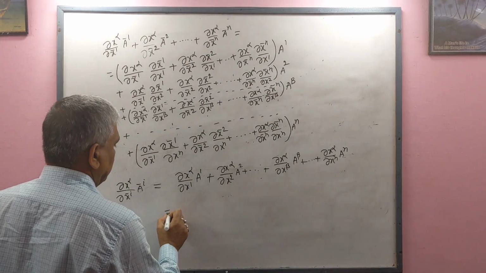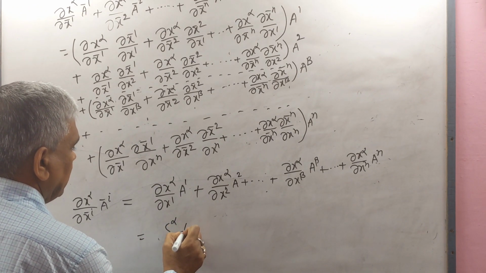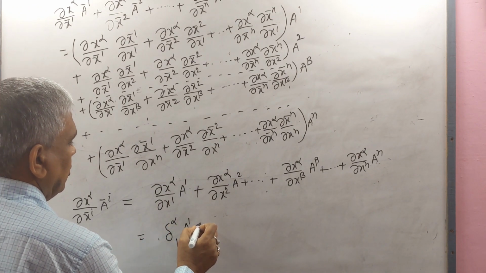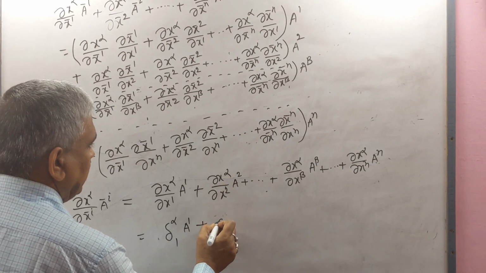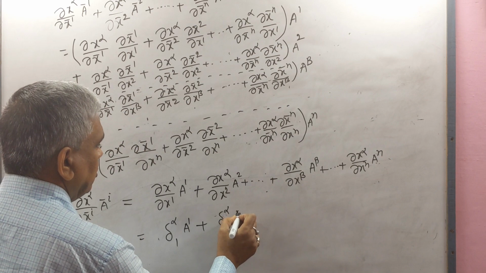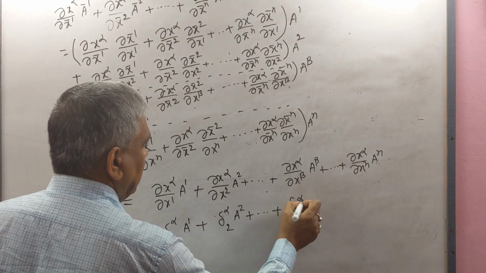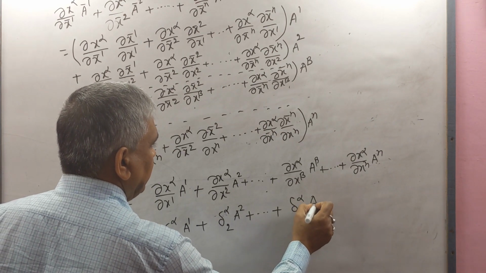This is called Kronecker Delta, as we have seen earlier, plus this is also Kronecker Delta alpha 2 A2. This is Kronecker Delta alpha beta A beta.